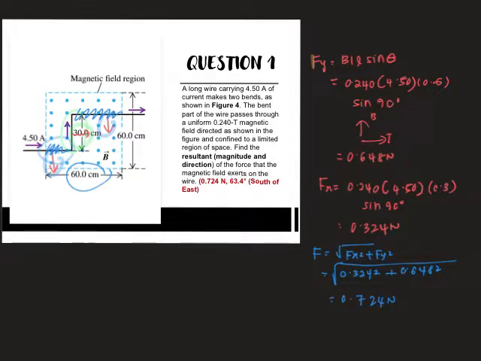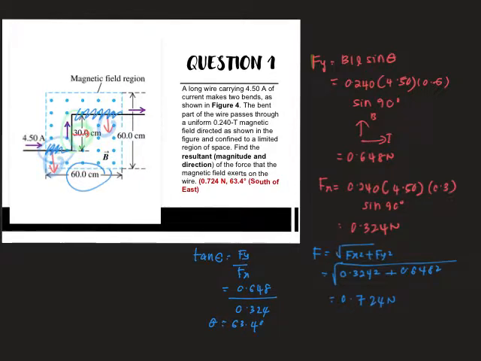The question asks you to find the direction, therefore we need to use tangent theta, which is Fy over Fx, where Fy is 0.648 and Fx is 0.324. Therefore your angle is 63.4 degrees.